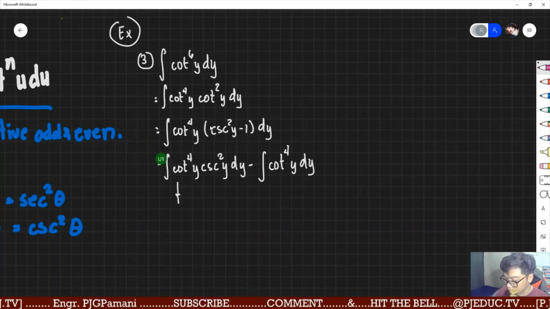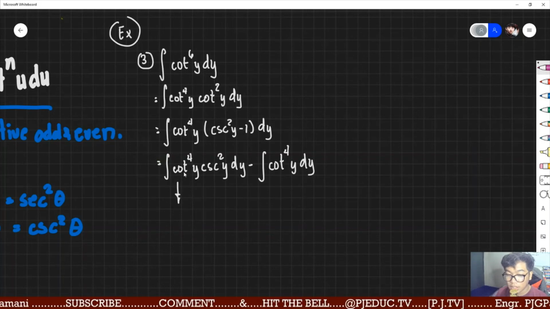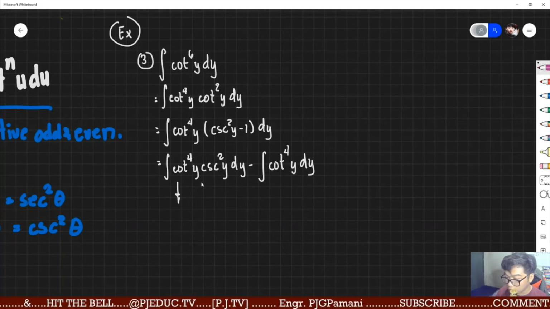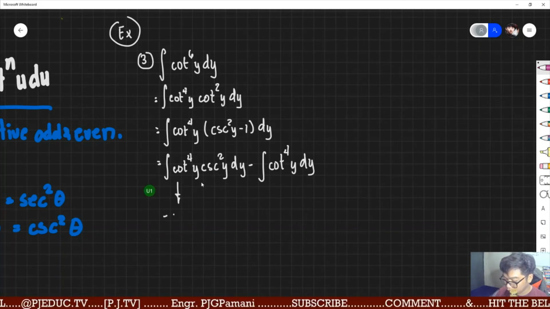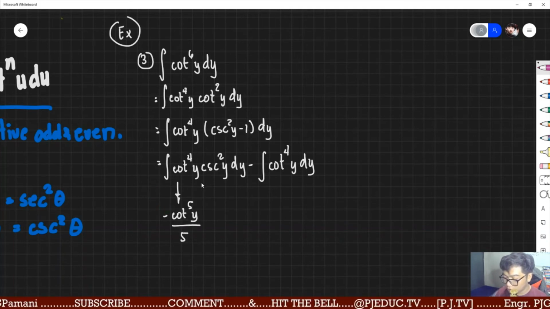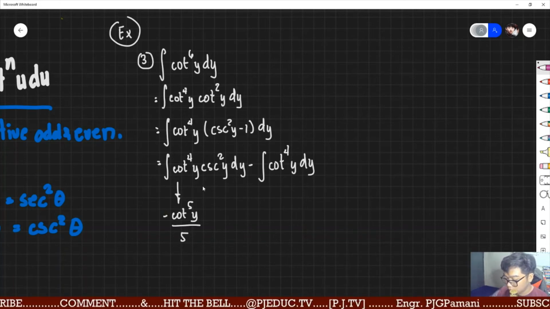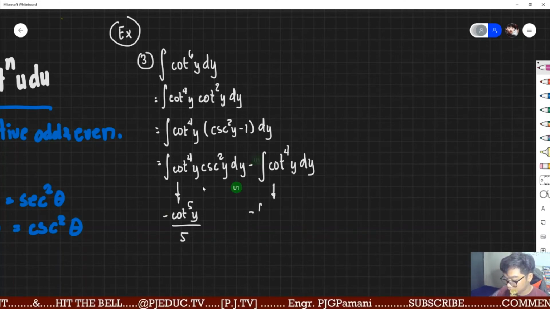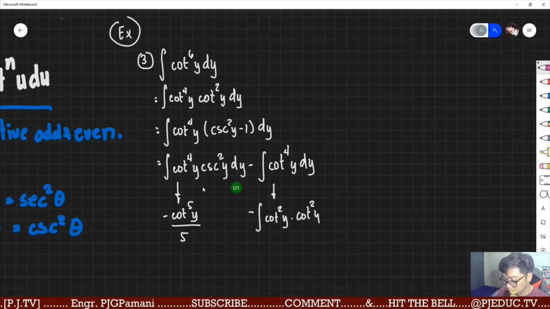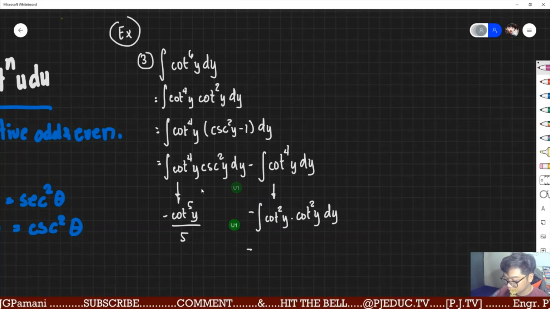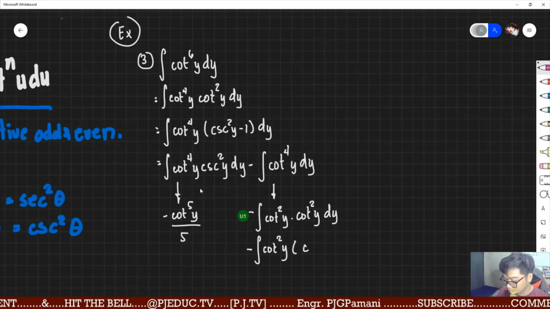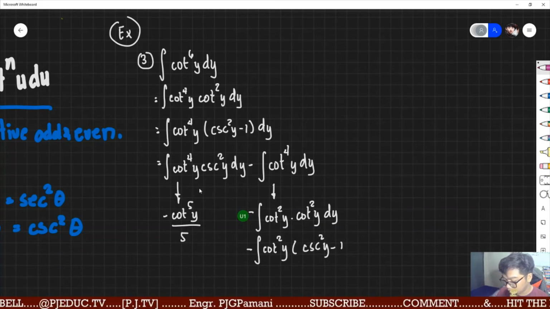We already know that the differential of cotangent is basically negative cosecant squared y. So by the power rule, that is negative cotangent raised to the fifth y over 5. Simplify this one, minus the integral of cotangent squared y times cotangent squared y dy, which is also the same as cotangent squared y times cosecant squared y minus 1 dy.